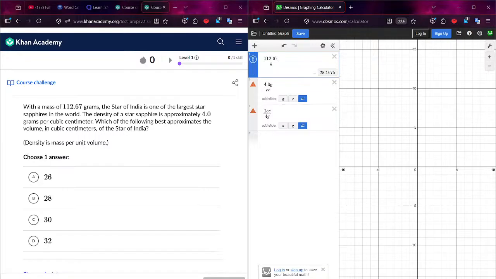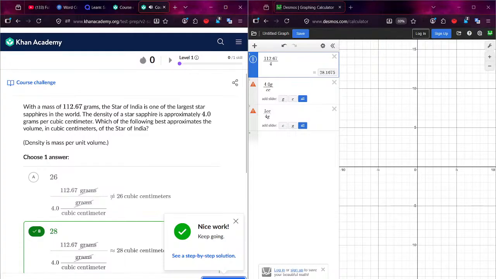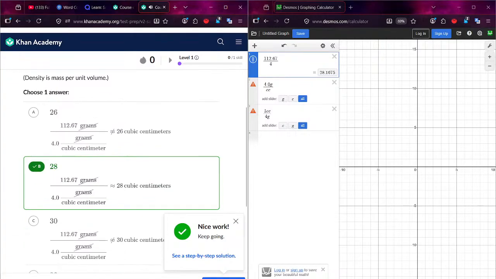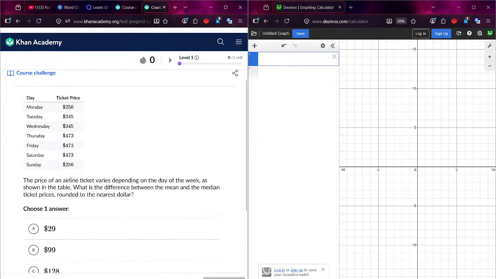This over 4, it's going to be 28. So this is divided by 4. Yeah, that makes sense. I was just kind of messing around a little too much. Okay.